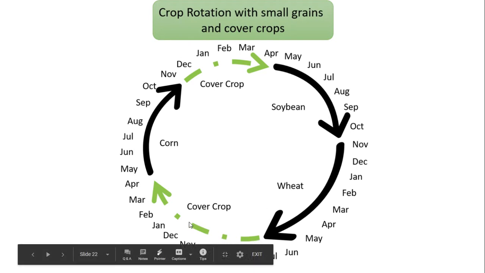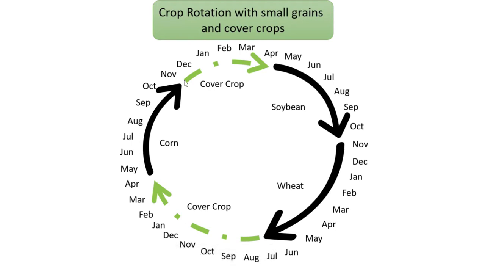And then they're going back into a cover crop in fall, winter, turning it in spring, and then growing a crop of corn and harvesting that in fall, going back into cover crop.